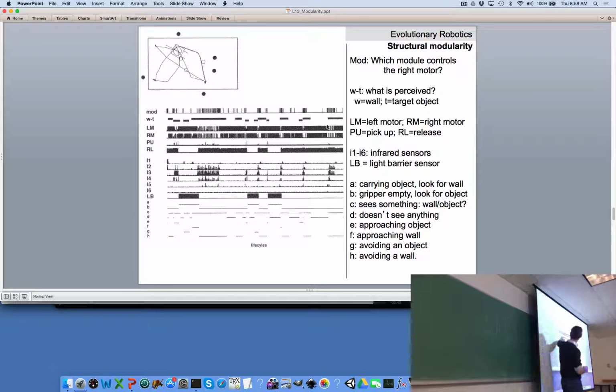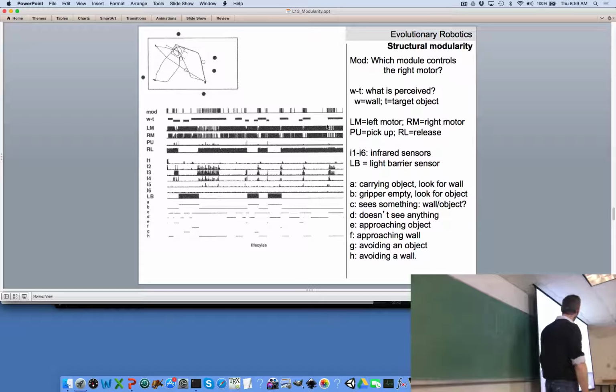At this point, if we go back up to here, we can actually see that it's perceiving the wall in this case, which makes sense. So it's holding something, it hasn't released it, it sees the wall, and away it goes. Okay. Release, the switching of the release neuron also doesn't seem to correspond to one of the two modules, right?